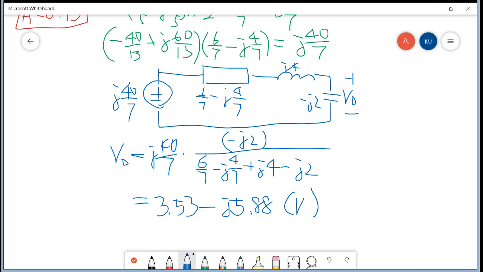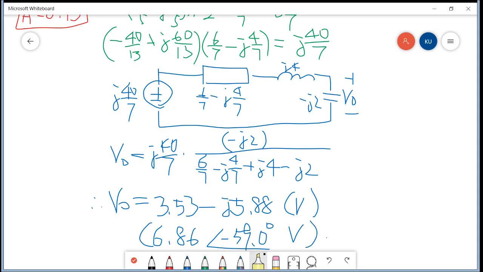Or if you would like to express it in polar form, you can write it as 6.86 at minus 59.0 degree volt.